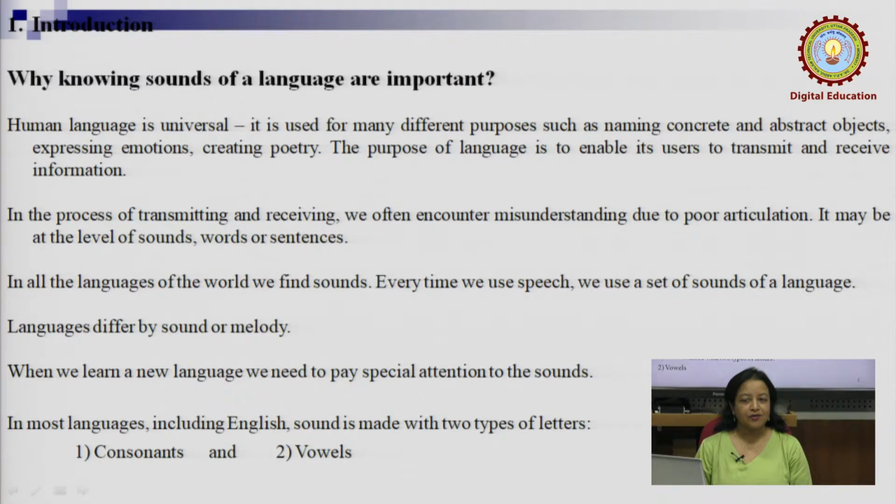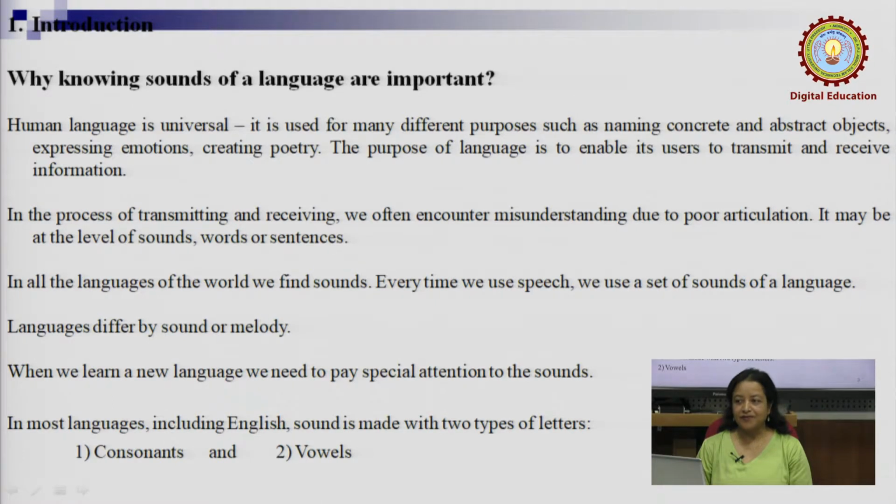Why knowing sounds of a language are important? Human language is first of all universal. It is used for many different purposes, naming concrete and abstract objects, expressing emotions, creating poetry and many more.